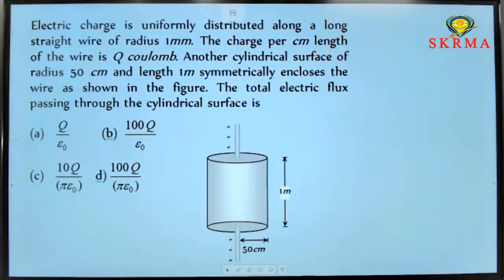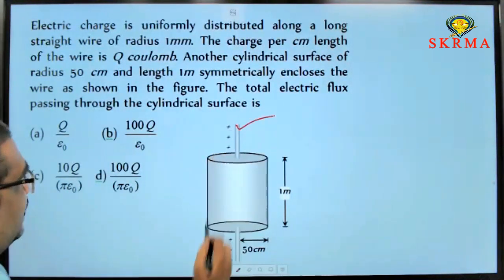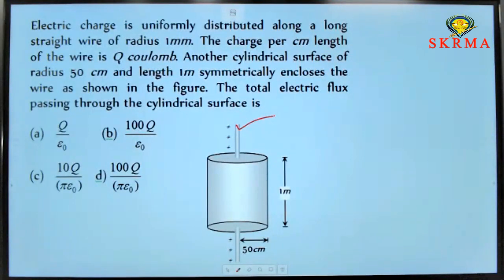Electric charge is uniformly distributed along a long straight wire of radius 1 mm. This is the straight wire, and uniform charge is distributed along it. The charge per unit length, charge per centimeter of the wire, is Q coulombs.